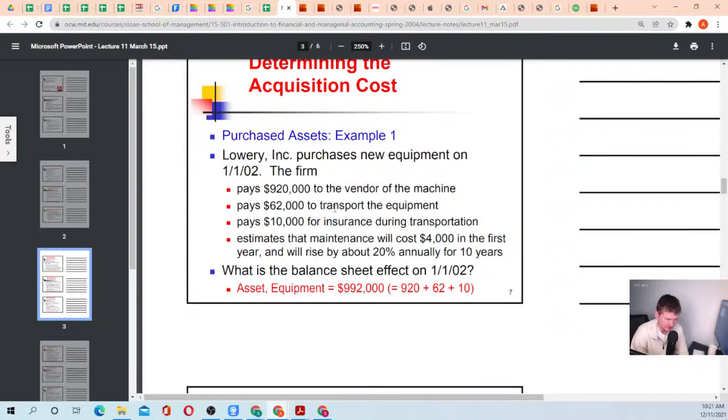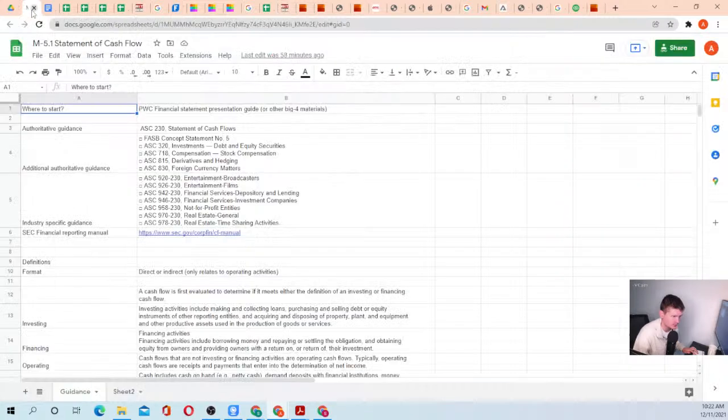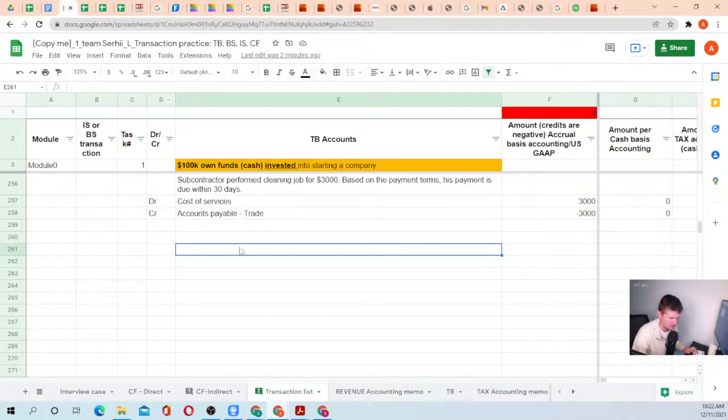We paid for transportation. We paid insurance for transportation. And we estimate that maintenance will cost 4,000 in the first year and will rise by about 20% annually. Okay, let's try to copy all of that into our practice file.